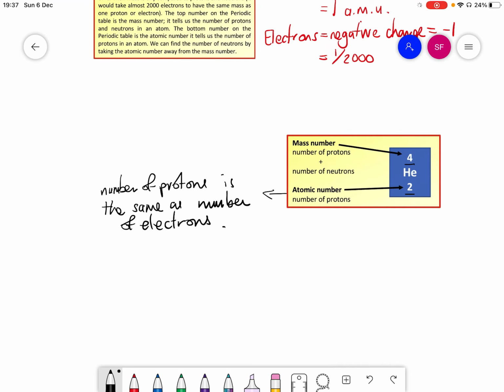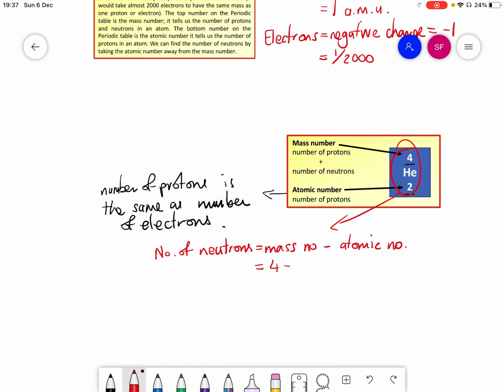Now what we can actually do here is use these two numbers to work out how many neutrons. So if we're looking for the number of neutrons, what we would do is the mass number minus the atomic number. So if we did this for helium, we would do 4 minus 2, which tells us there are 2 neutrons.